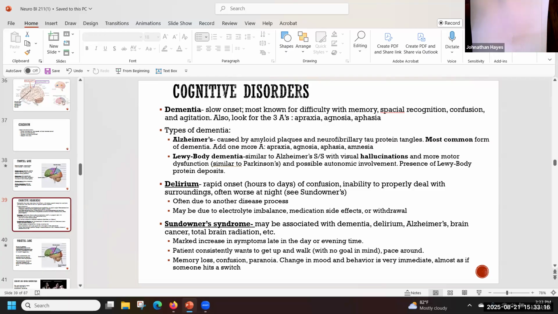It says in the notes, look for the 3 A's, like apraxia, agnosia, aphasia. So again, if I have difficulty with tasks, if I have difficulty remembering things, if I have difficulty even speaking and stuff like that, that could be signs of cognitive disorders.